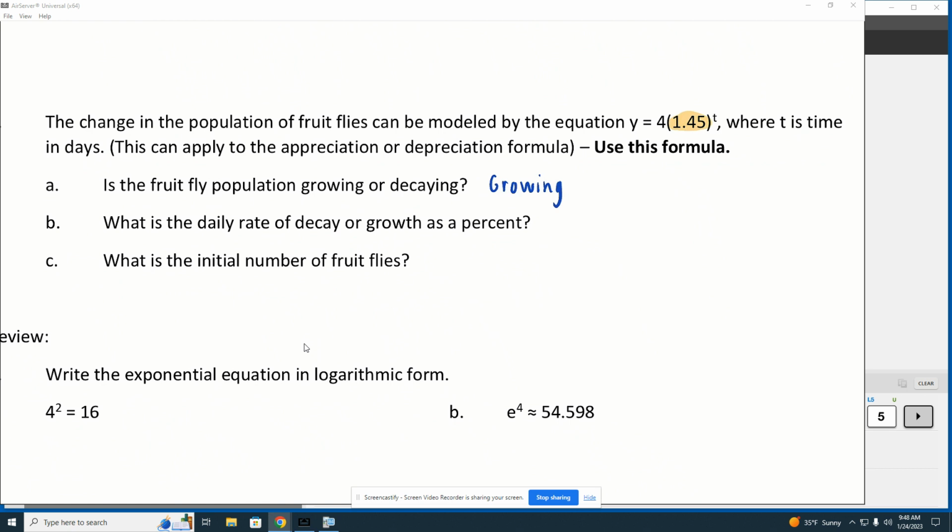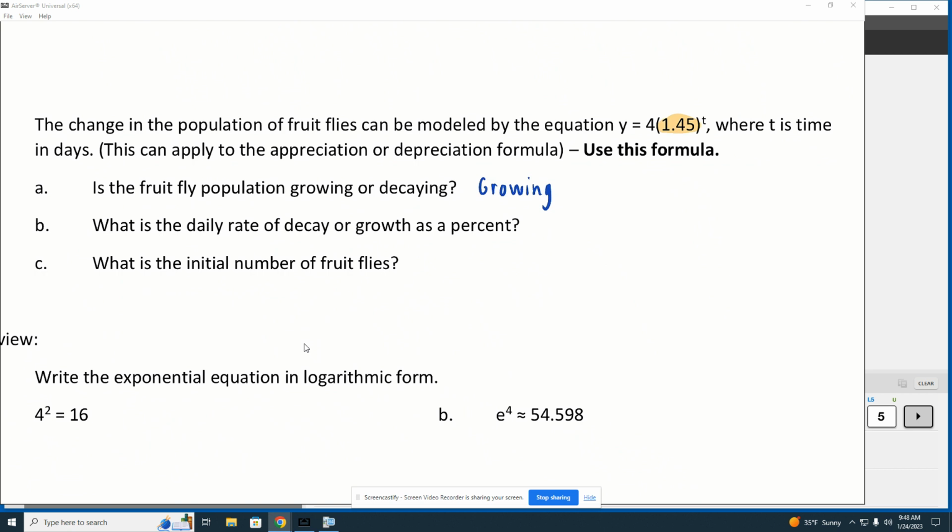Essentially, guys, what has happened for it to get to 1.45? You've taken 1 and you've added 0.45 to it. So that'll help us answer the rest of the question. What is that daily rate of growth? It was 0.45, which means it was 45% as a percent.